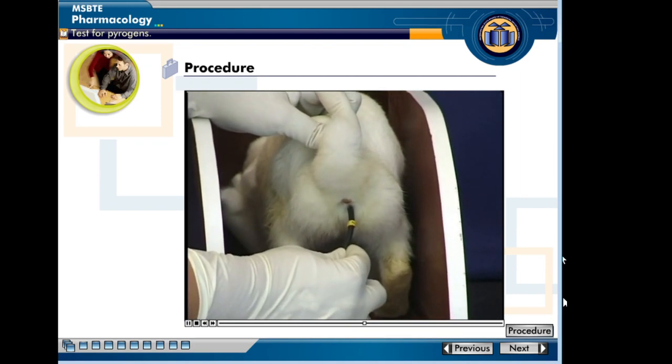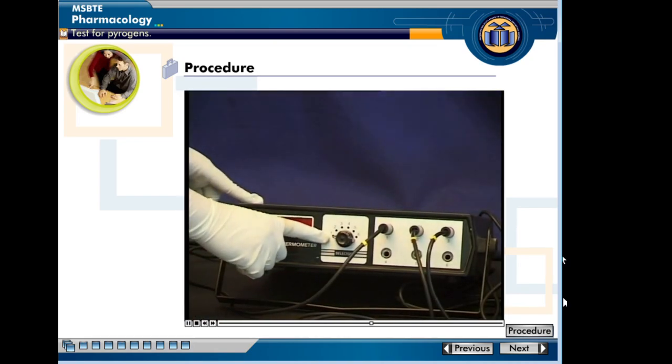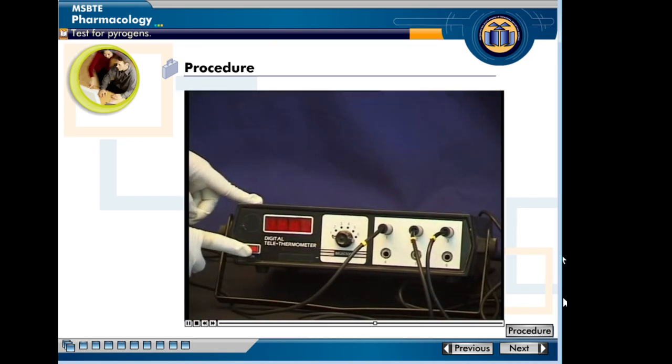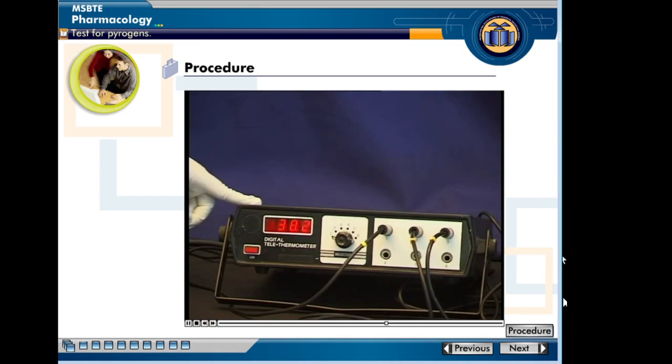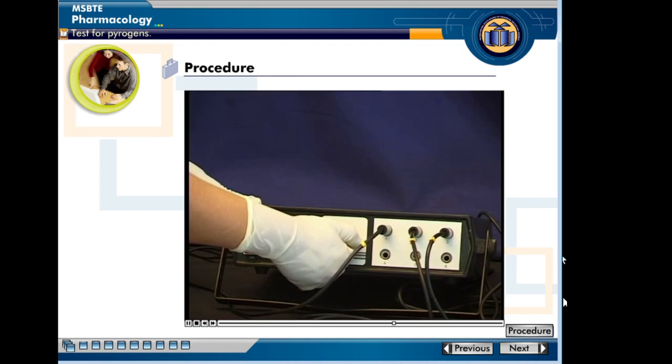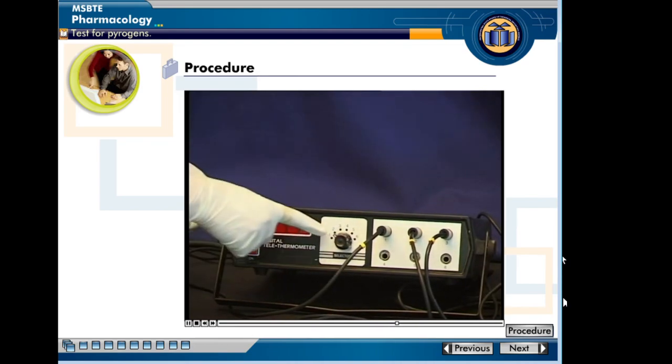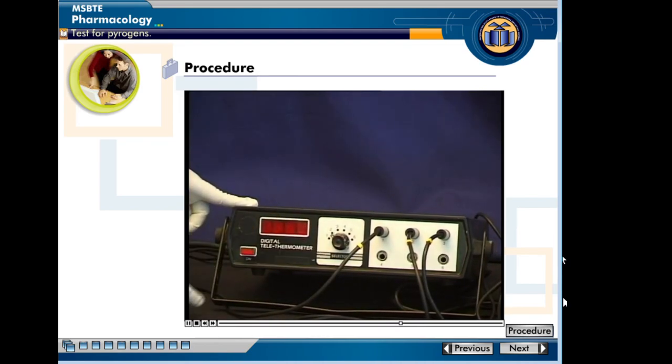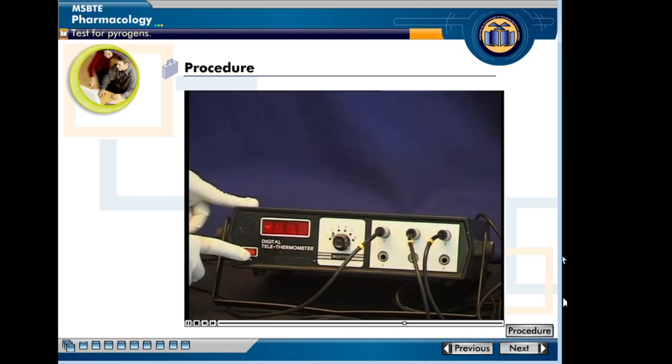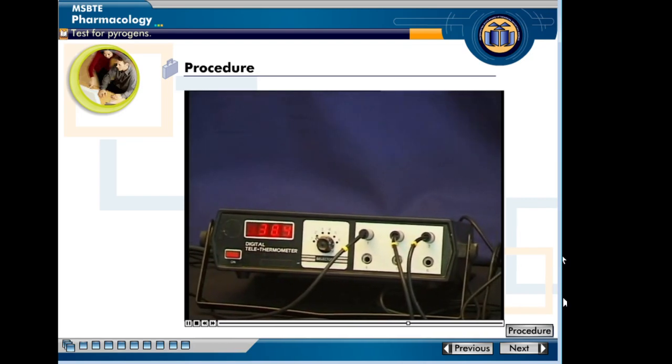Record the normal body temperature of each animal before the injection of the test sample, every 30 minutes for a span of at least 90 minutes. Do not use any rabbit showing a body temperature higher than 39.8 degrees or lower than 38 degrees centigrade.